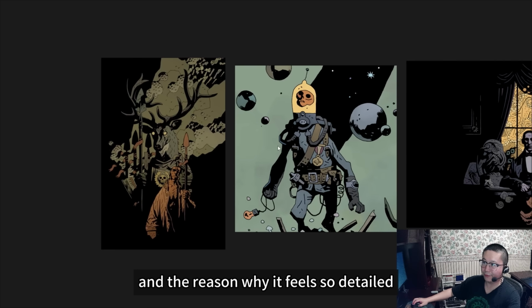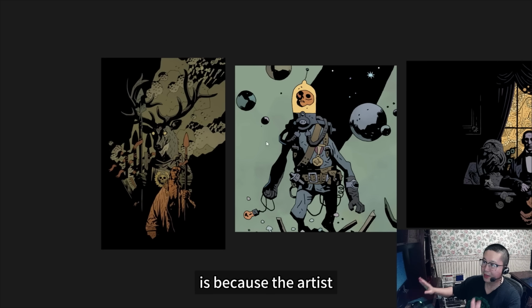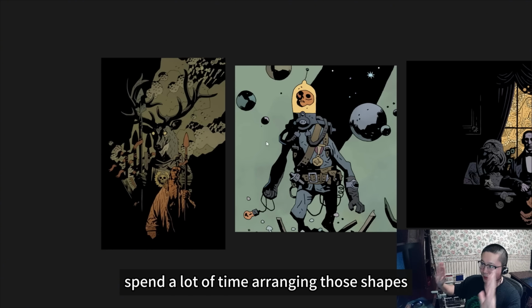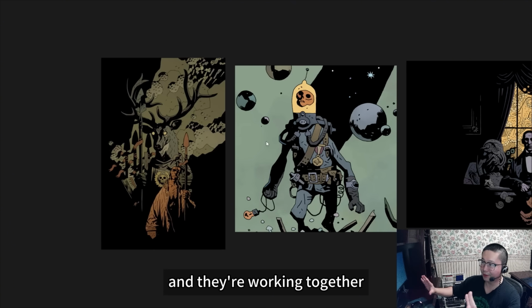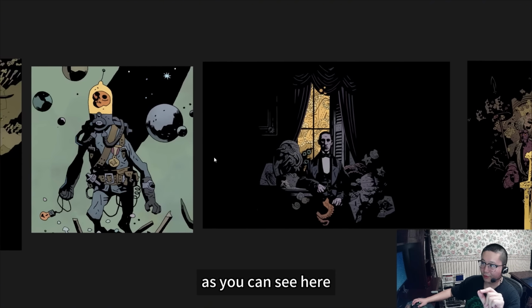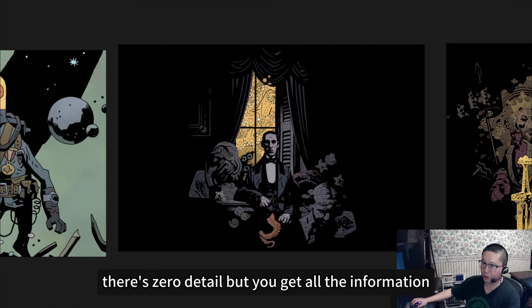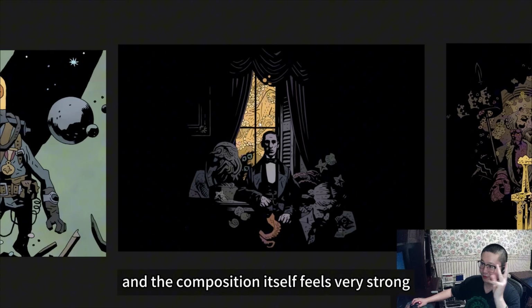And the reason why it feels so detailed, the reason why the composition feels so interesting, is because the artist spent a lot of time arranging those shapes and they're working together in a very interesting way. And as you can see here, there's zero detail, but you get all the information and the composition itself feels very strong.